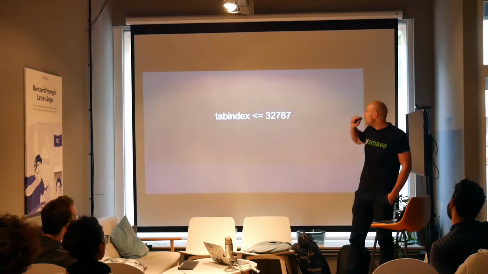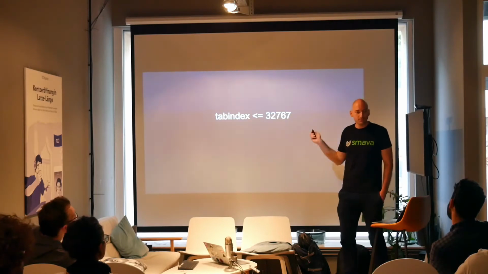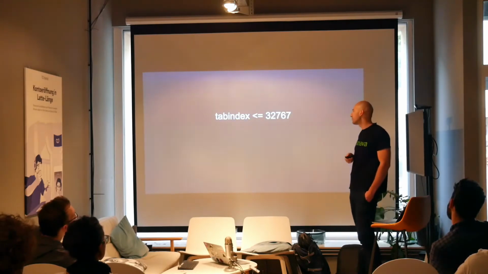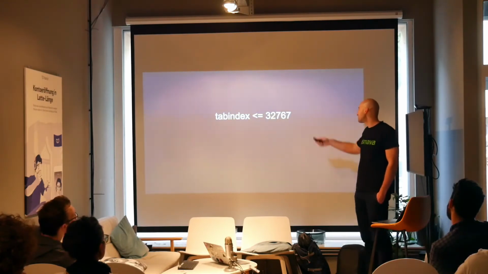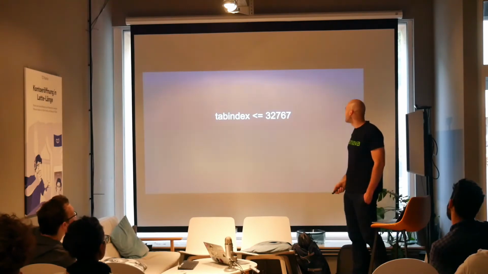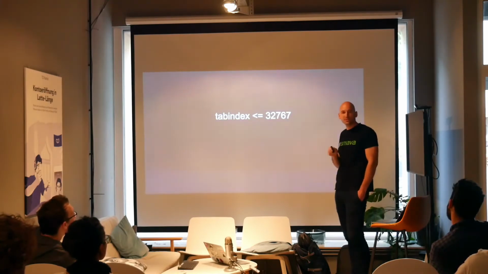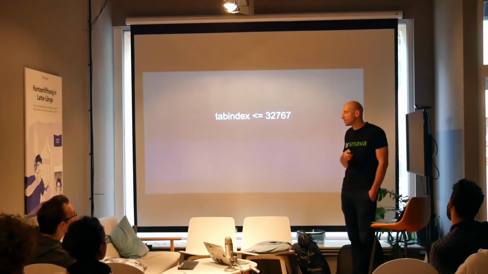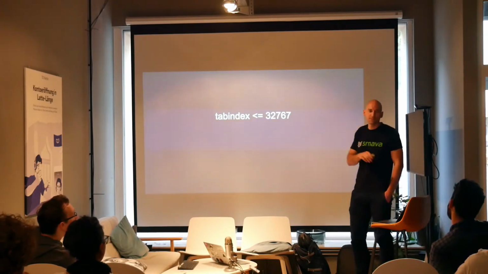Then people introduced this tabindex thing and made all elements potentially focusable, which is very important for the navigation we are going to implement. And this number is really funny, because the tabindex must be equal to or less than this. The reason is a technical limitation on how numbers are stored somewhere, which is out of my expertise.